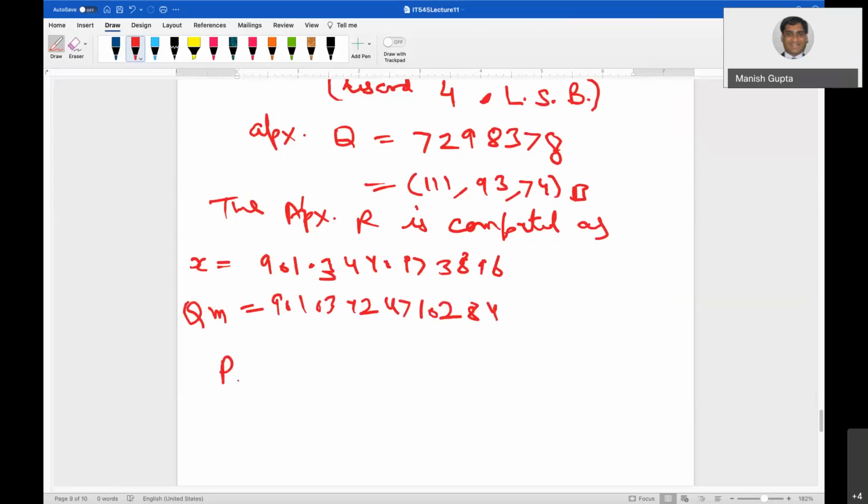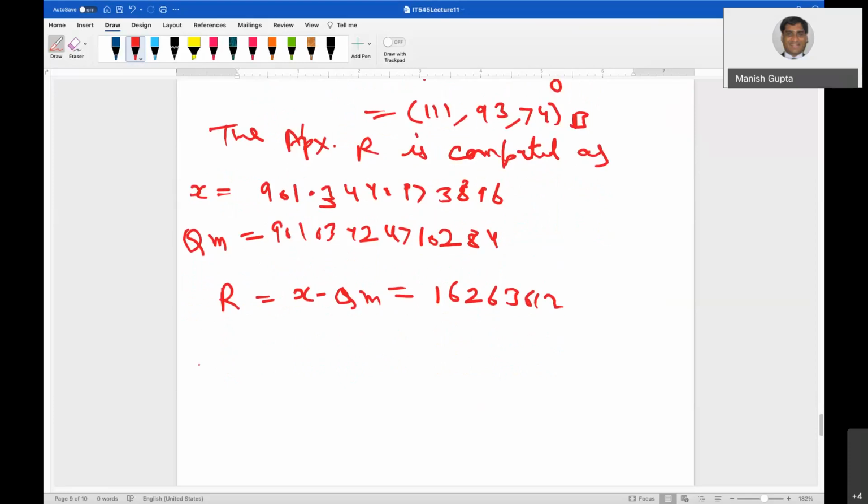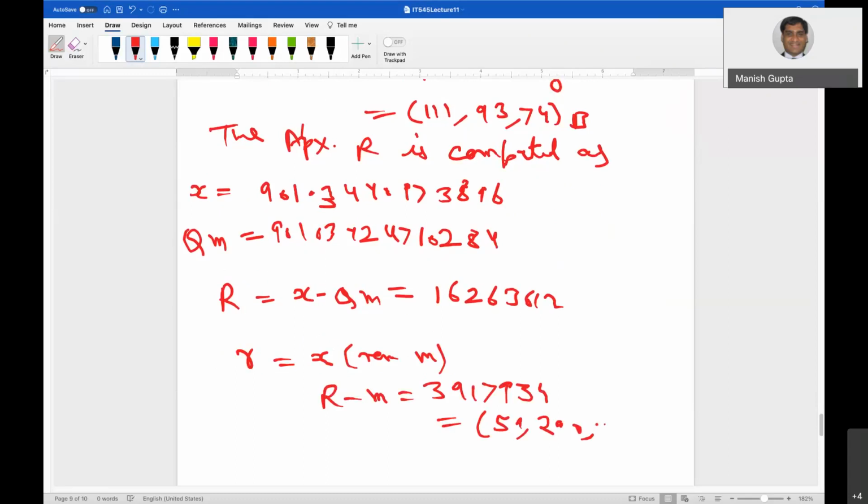So capital R is nothing but x minus qm, which is 162, 63, 612. I'm not writing base B here, you can write it down. So the correct value of R is x remainder m, basically capital R minus small m is equal to 3917934, which in base B is 59, 200, 110.